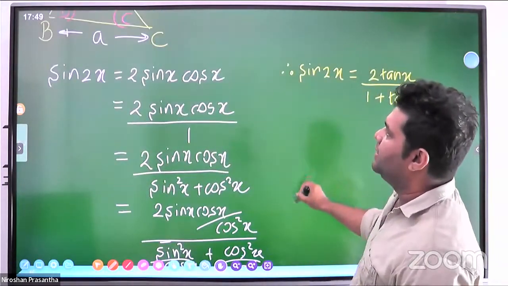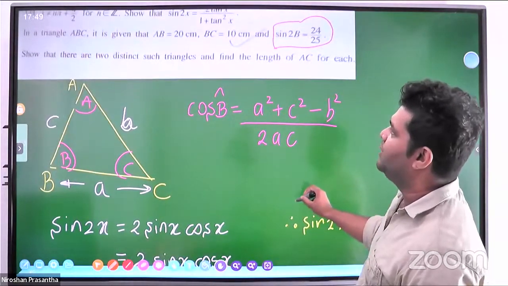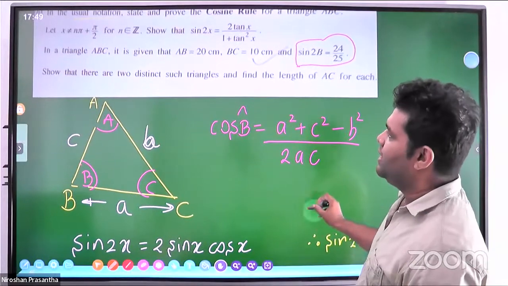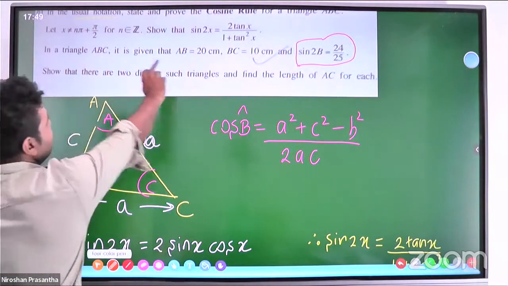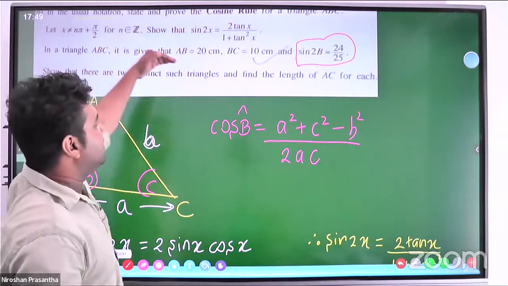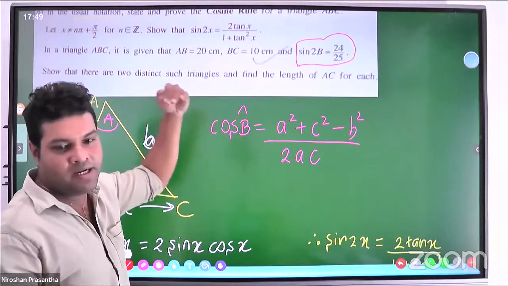Okay, now what is the question? Then you know the formula and we can do it. In a triangle ABC, it is given that AB is 20, BC is 10, and sine 2B is 24 over 25.